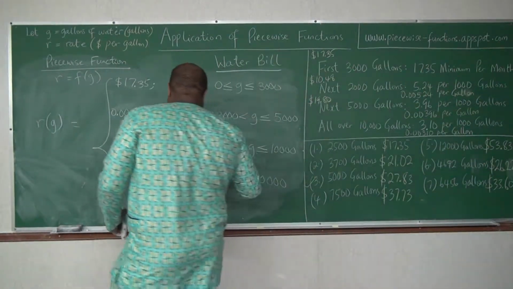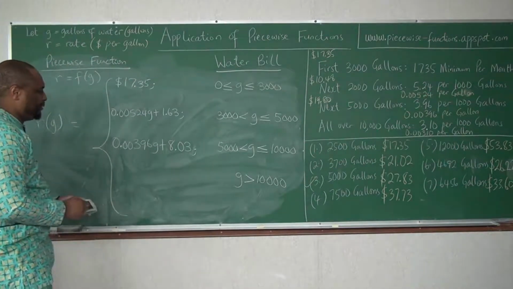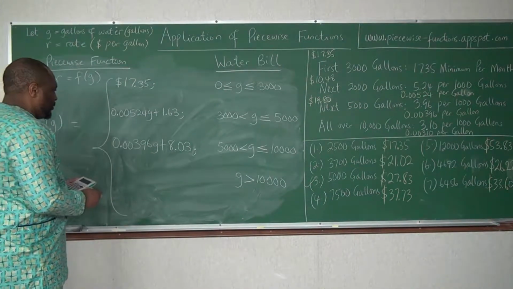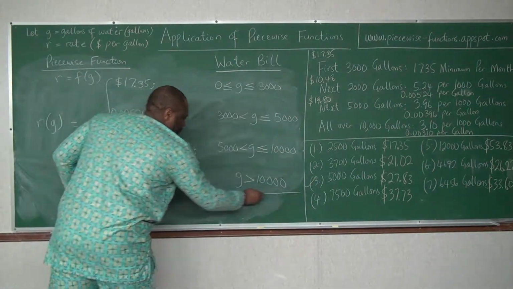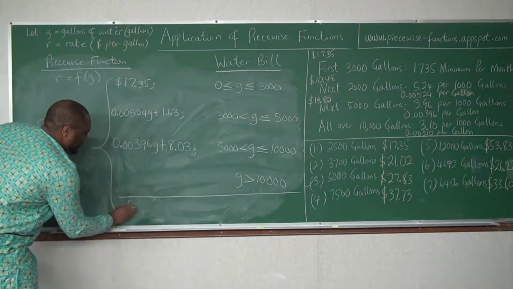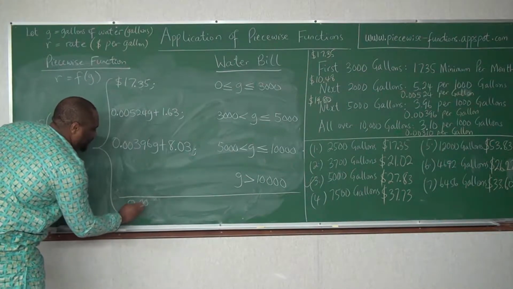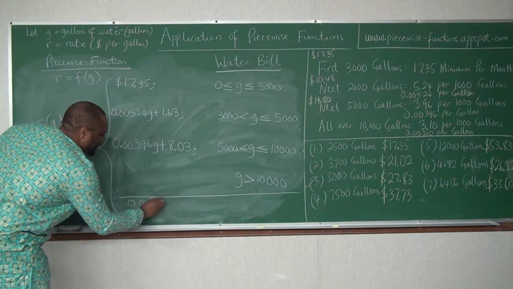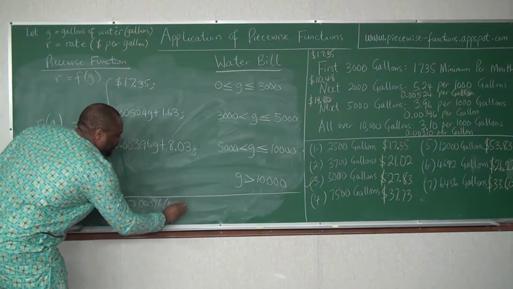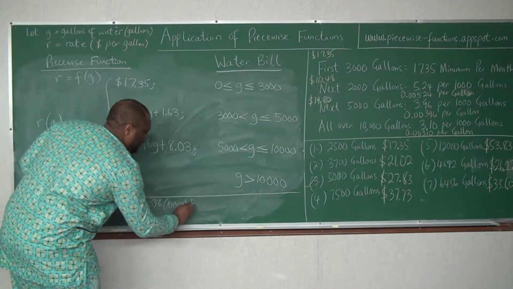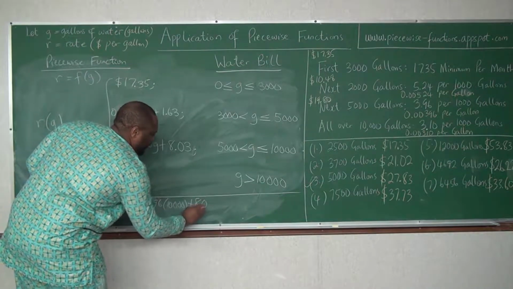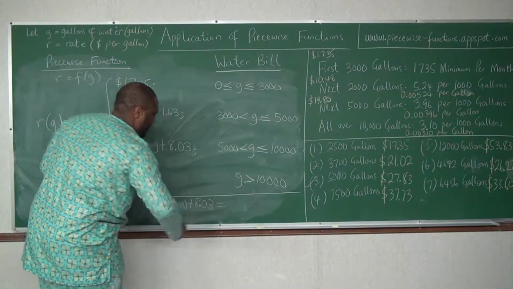So let's find out how much you pay for 10,000 gallons. So you have 0.00396 times 10,000, plus 8.03.